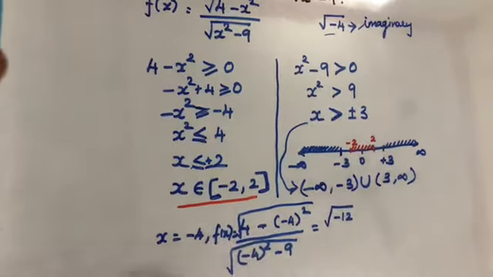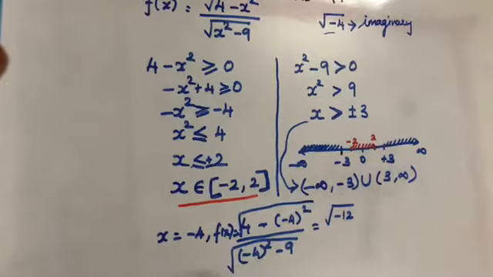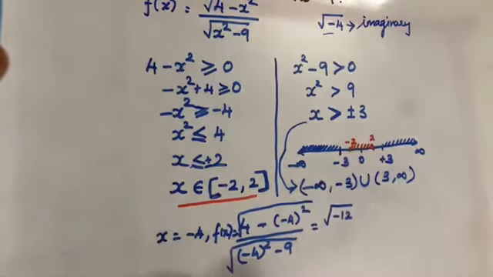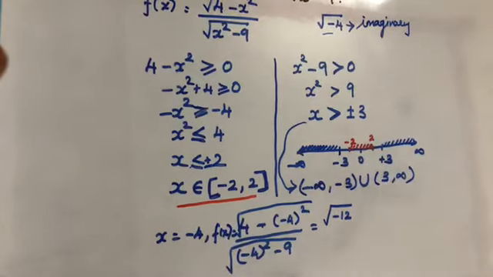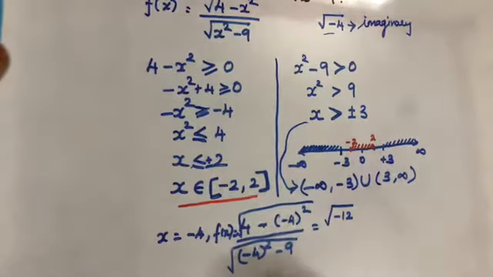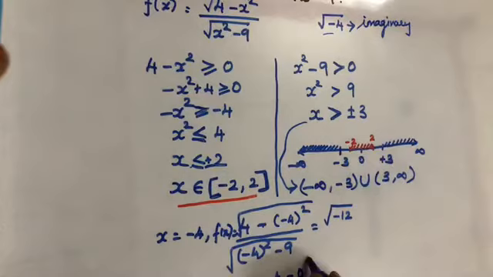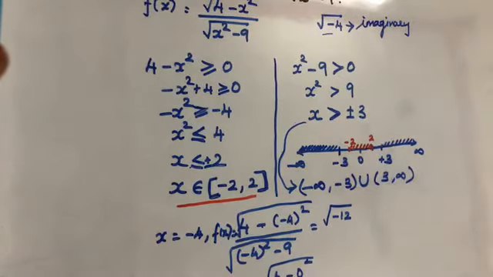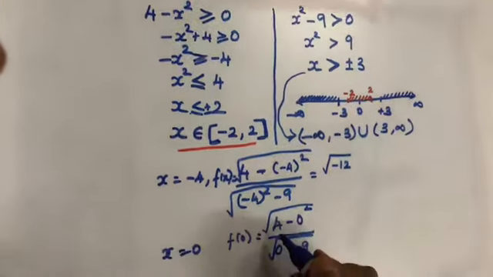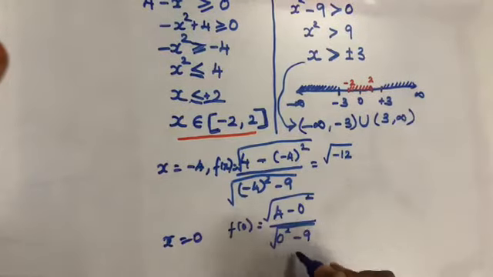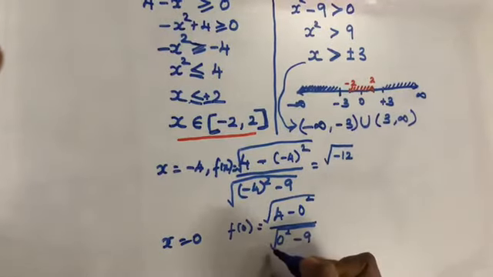Similarly I may take 0. If x is equal to 0, f of 0 is equal to square root of 4 minus 0 square, in the denominator square root of 0 square minus 9. In the numerator it is square root of 4, which is equal to 2, but in the denominator a negative value is coming.